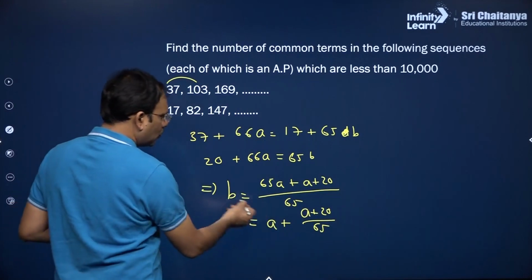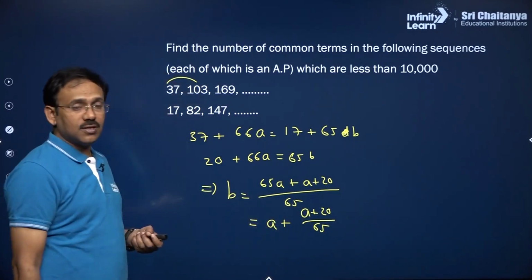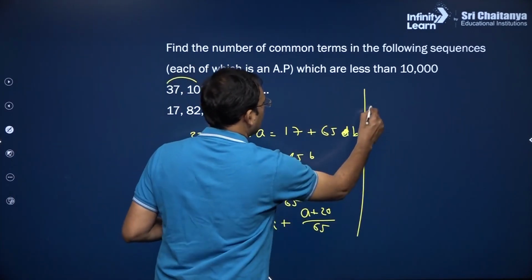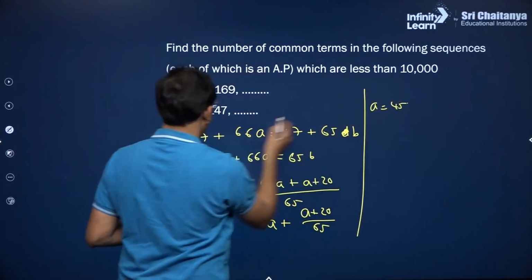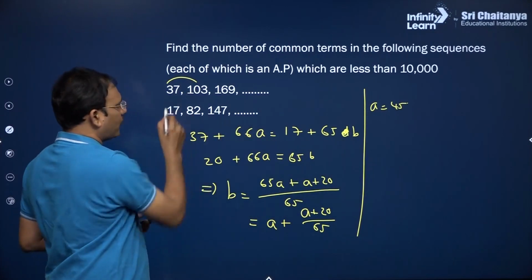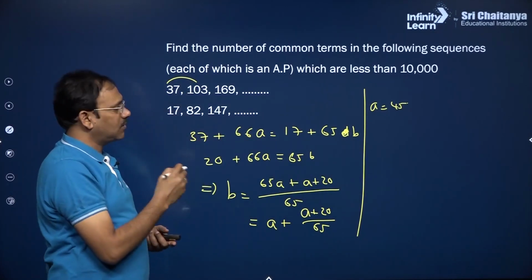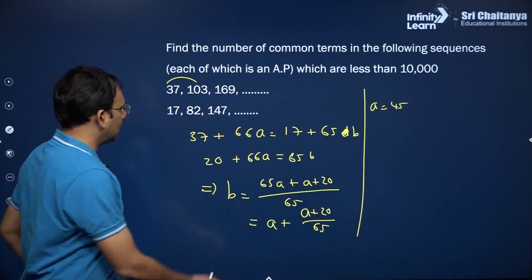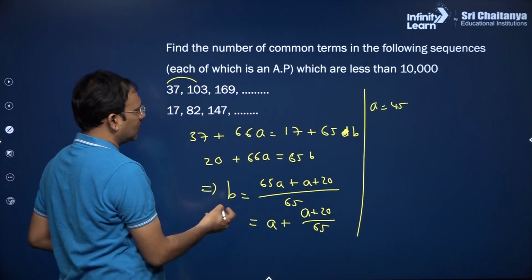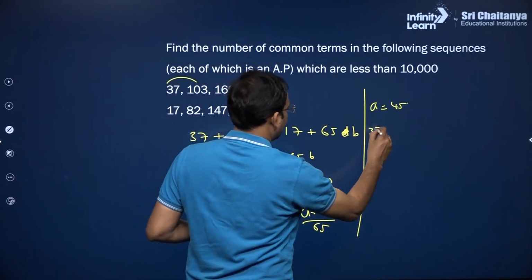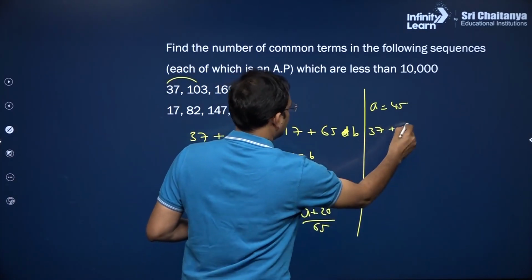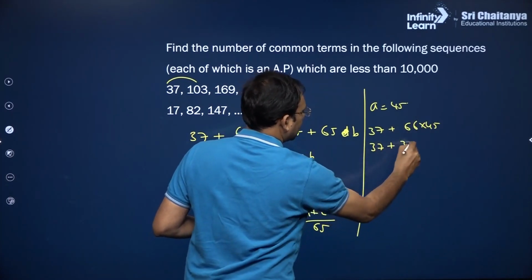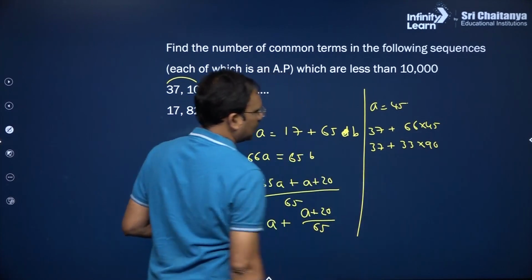So my dear friends, to get b integer, a must be chosen minimum 45. So if a is 0 it is the first term, a is 1 the second term, a is 45 means it is going to be the 46th term. Arey, you can just put 45 here. So 37 plus 66 into 45, which is 37 plus 33 into 90.